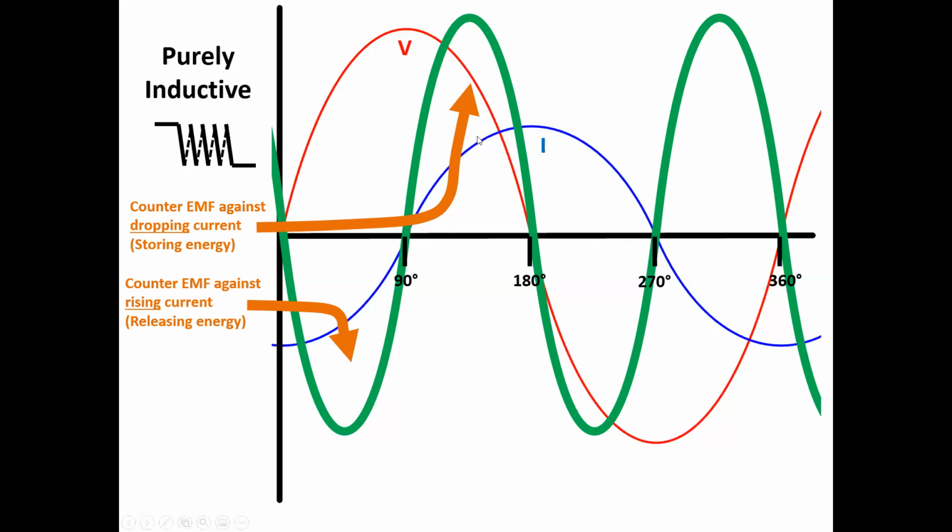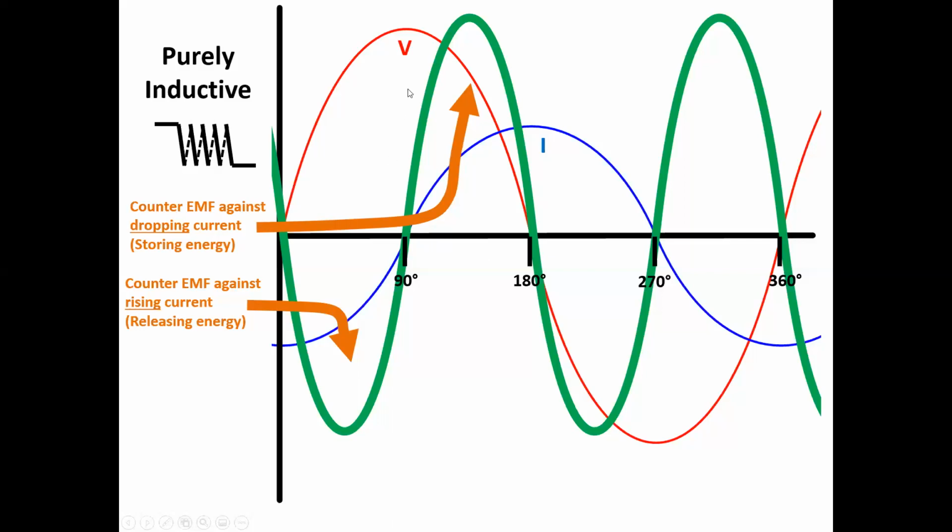On the top side here is the highest current value and the highest voltage value that happen at the same period of time. If we take a positive and a positive and we multiply them together, we get a positive value of power. Now, this power is being stored inside the inductor in the form of counter EMF, electromagnetic fields.